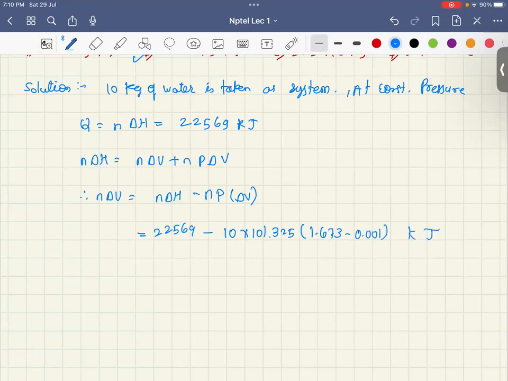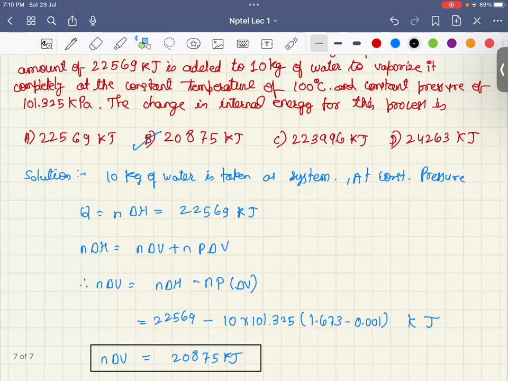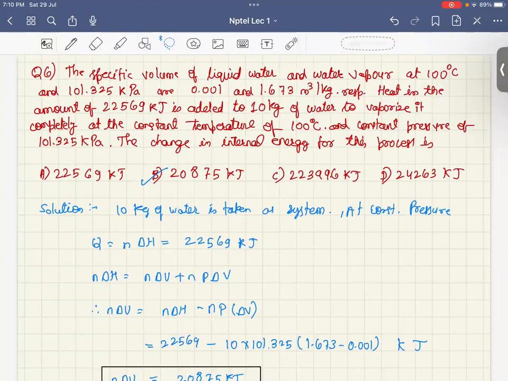We are calculating this in kilojoule, which comes out to be 20875 kilojoule. This is the answer for delta U.